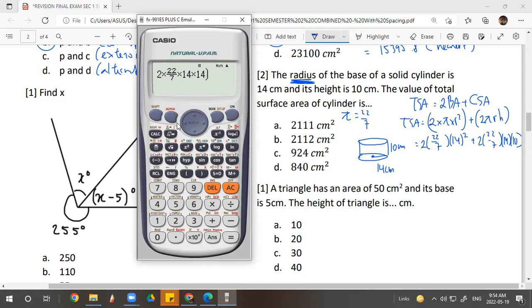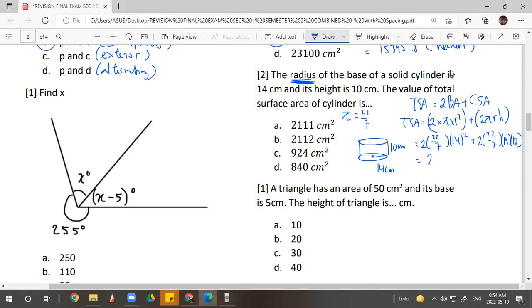I make it fast, I'm too lazy to do it one by one. Then plus, this is 2 base area plus the curved surface. The curved surface is 2 times 22/7 times 14 times 10. The answer is 2112. See? There you go. You have to put the right pi.